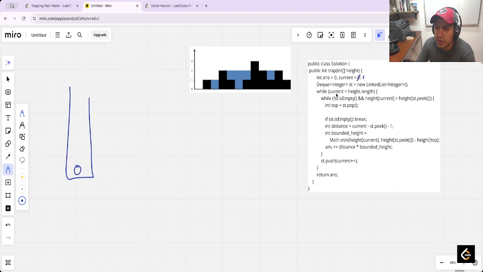Next, okay, move to this, now we are here, the stack is not empty, and the height of the current, that is 1, is greater than the peak, in this case top is equal to 0, and it's removed.